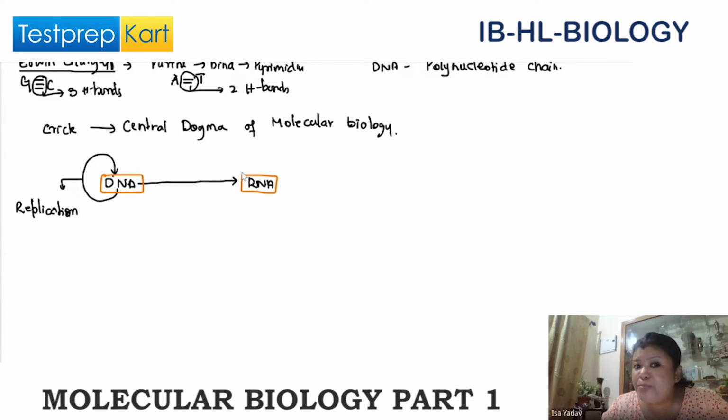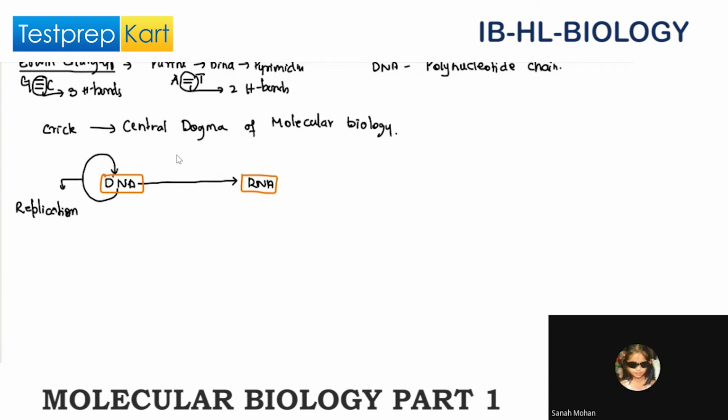Because we want to express that. Suppose, for example, I need to have a skin color. That information is there in DNA. But unless my genes are expressing that character, I will not have a skin color. Did you understand this, Anna?